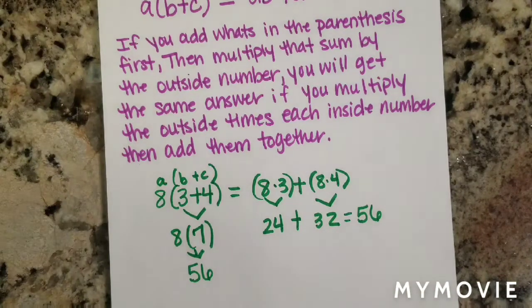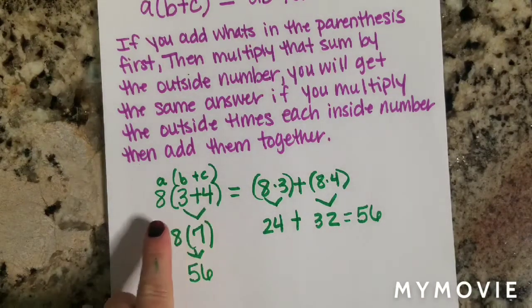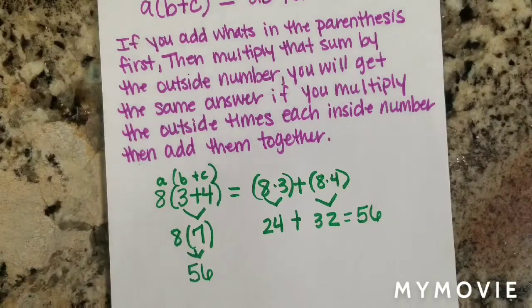So why would I want to use distributive property if I can just add these two together and get the right answer when I multiply it times 8? Well, the reason you would want to use the distributive property is because you're not always going to have numbers that you know. You may have variables.